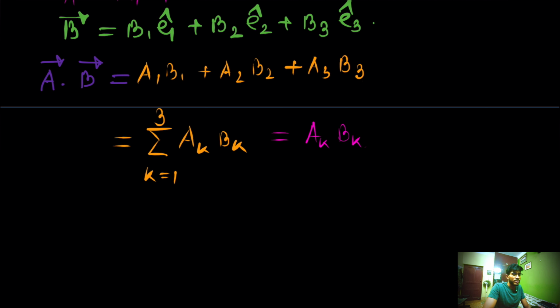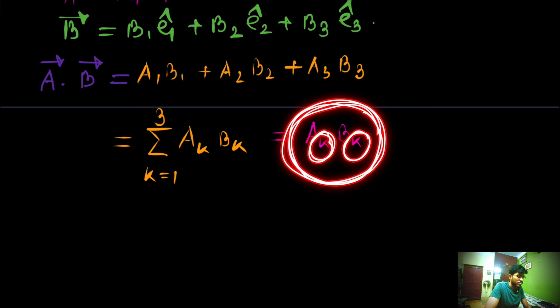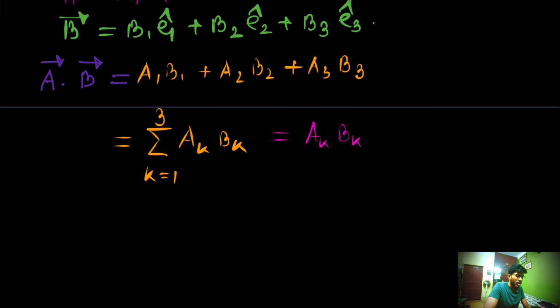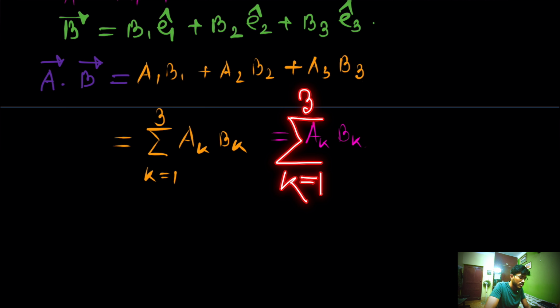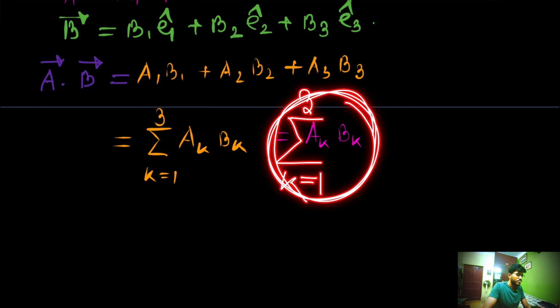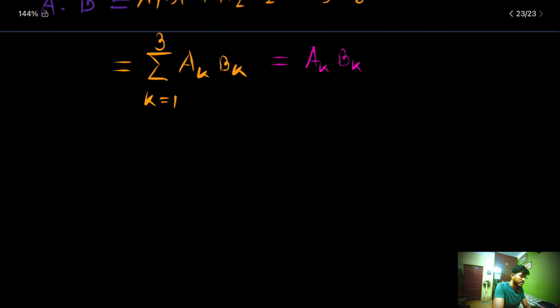I am again repeating, please pay attention here. K is repeated in the same expression, K is here twice. That means it is implicitly understood that we have a summation sign here over K equals 1, 2, 3. If you are not clear about this, you cannot proceed with tensor algebra.